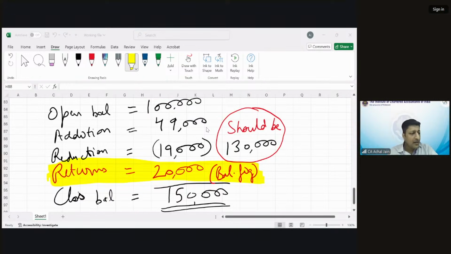Clear? Yeah. So many a times the question may add some irrelevant information. What is your objective? You have to pick up the requirement of the question. On the basis of the requirement of the question, you need to move. If you are able to use the entire information, that's good. If you are not able to use the entire information, that is absolutely okay. Clear?